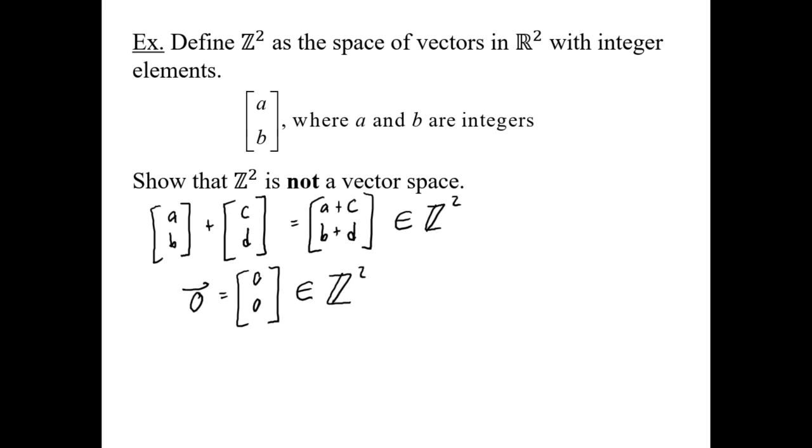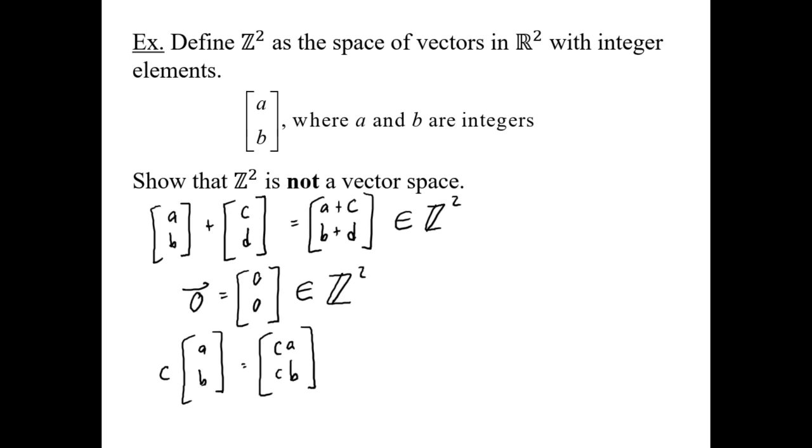In this example, actually, there's only one of our axioms that fails, and that's the coefficient. If I were to multiply by c, now this is really important. c has to be any real number. If c was an integer, then we would not have a problem. But if c was a fraction, if c was some kind of a decimal, c times a is not an integer. c times b is not an integer.